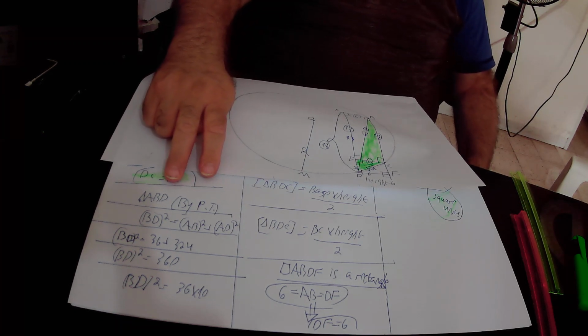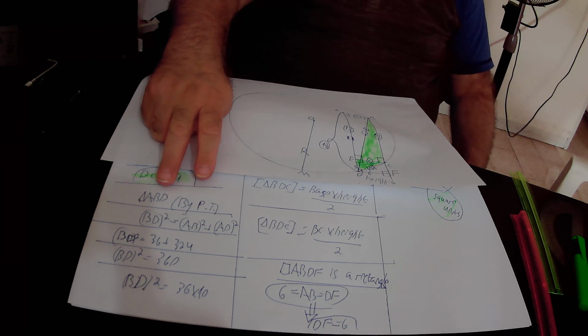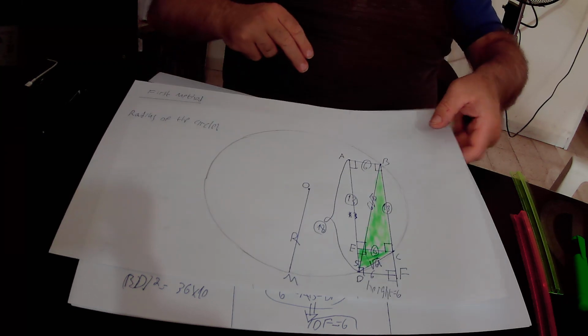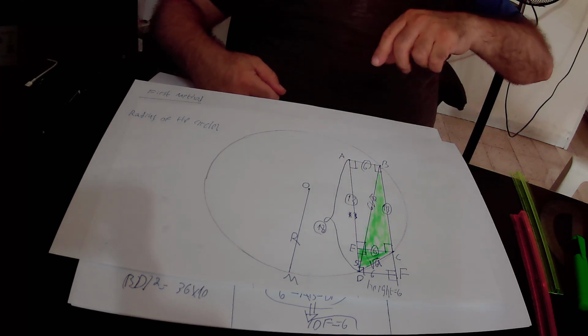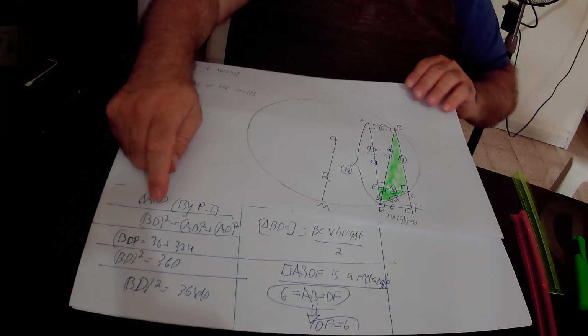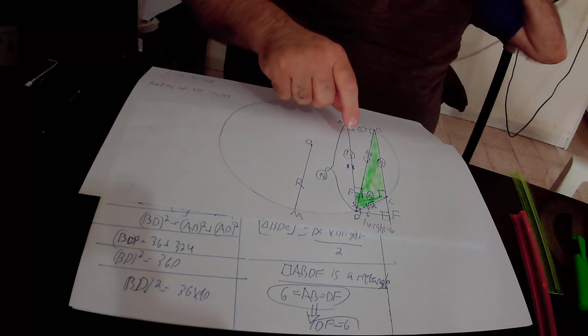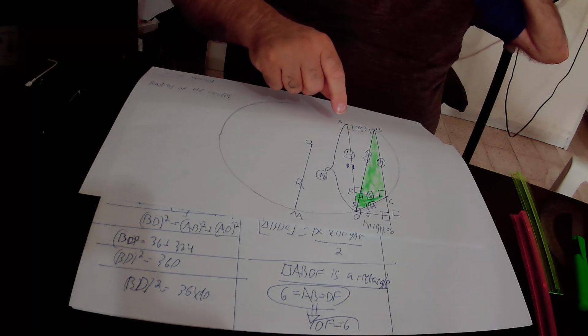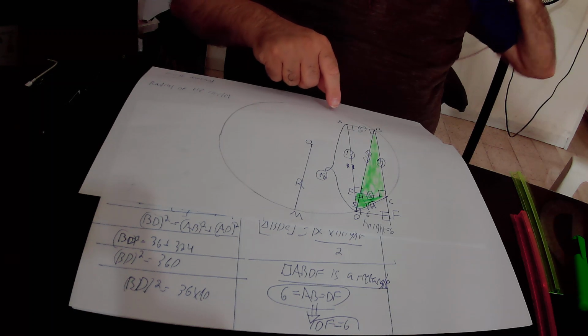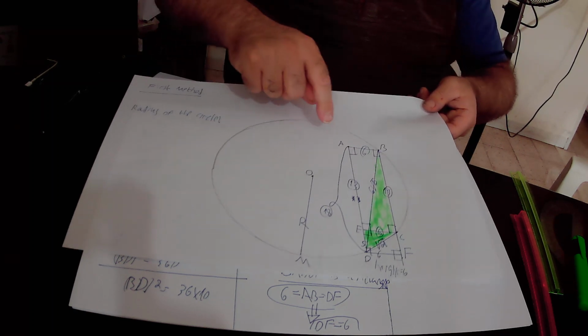According to the Pythagoras theorem, the square of the hypotenuse equals the sum of the squares of the perpendiculars. The hypotenuse is BD, therefore the square of the hypotenuse is BD square, and it must be equal to the sum of the squares of the perpendiculars, that is to say, it must be equal to AB square plus AD square.